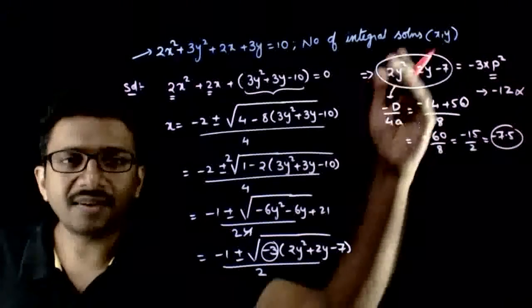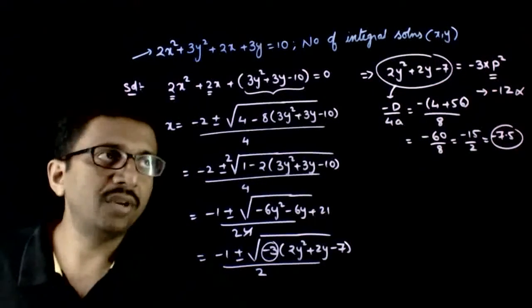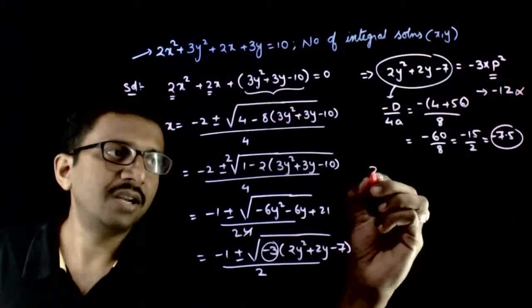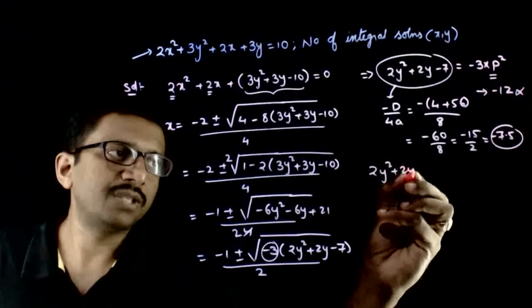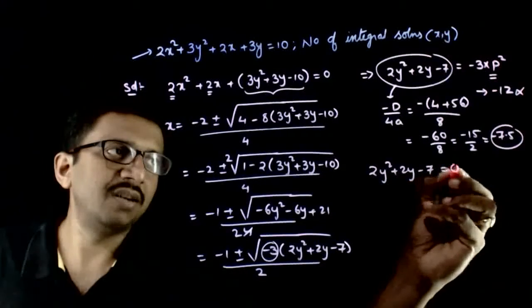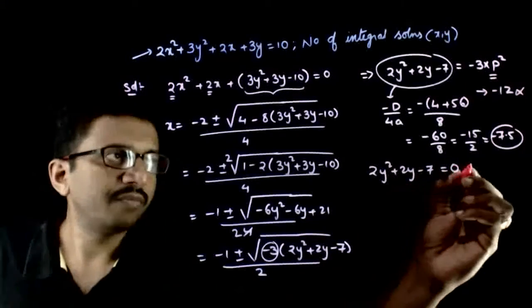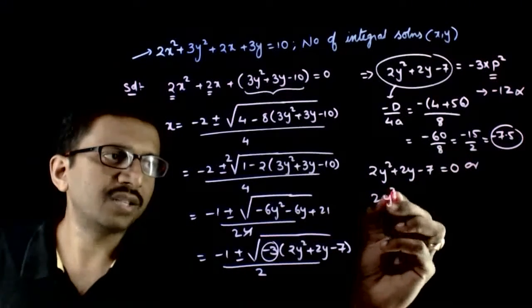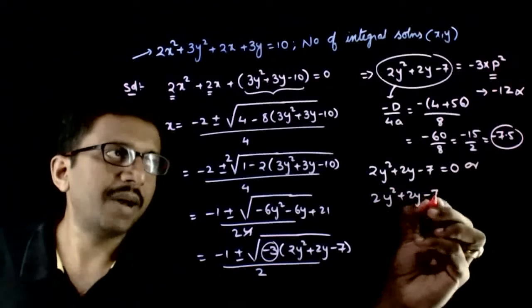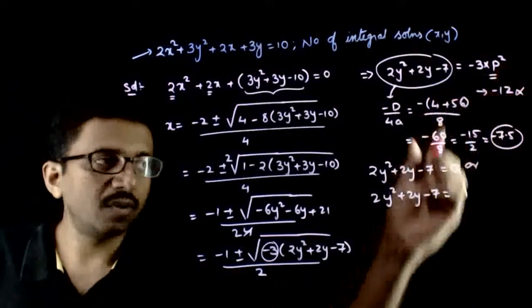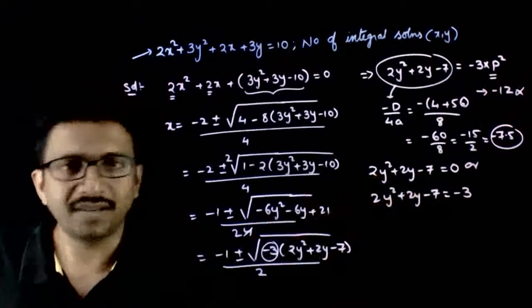So all the other options are not valid. You have only two options: 2y² + 2y − 7 = 0, or, if p² is 1, 2y² + 2y − 7 = −3.